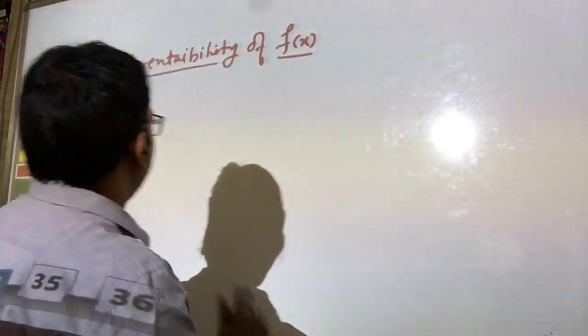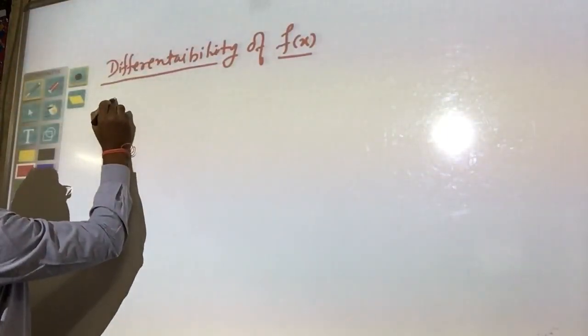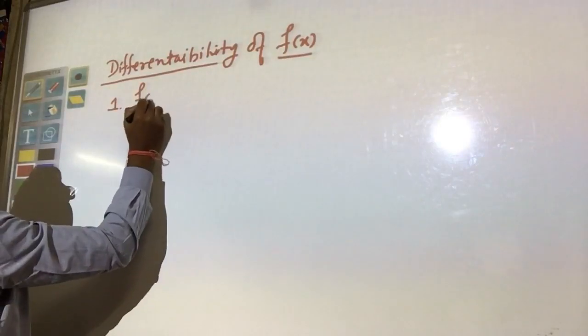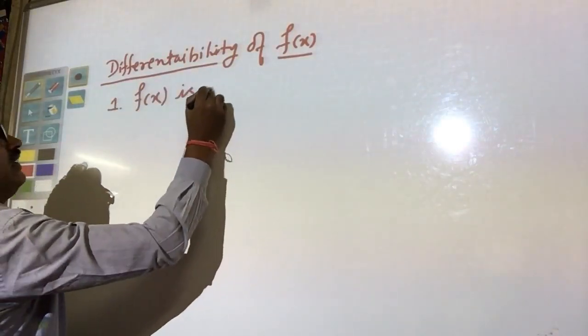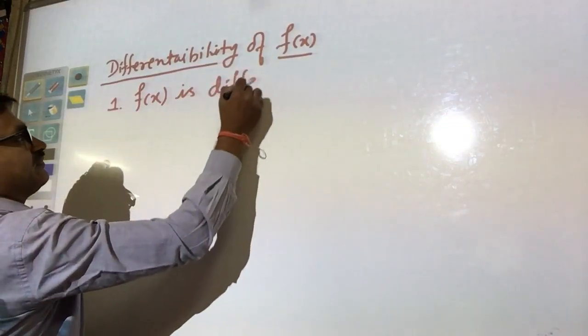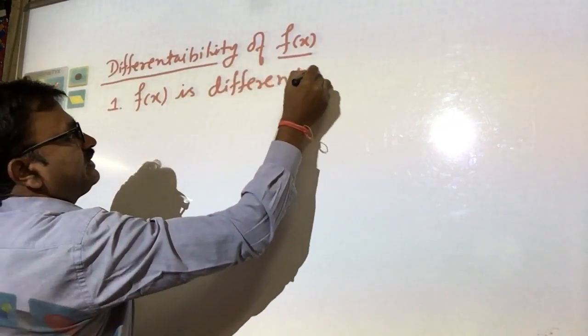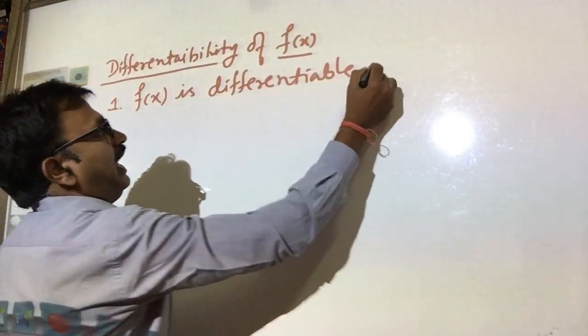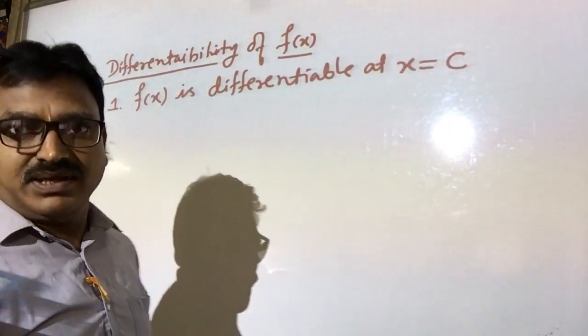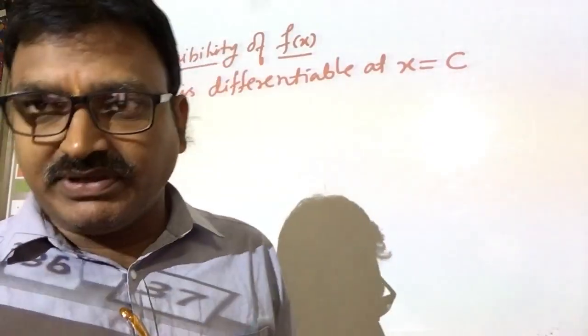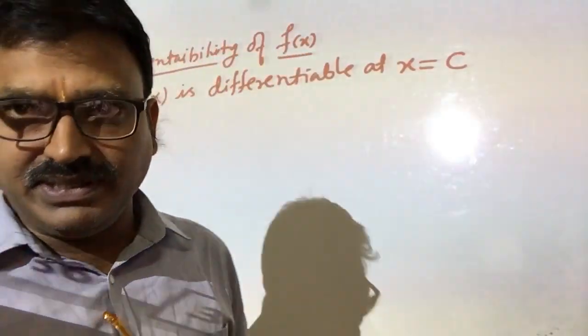So now we have to first write: the function f(x) is differentiable at x equal to c. This is the very first definition we read in class 11.